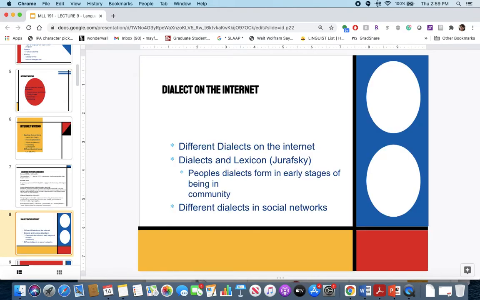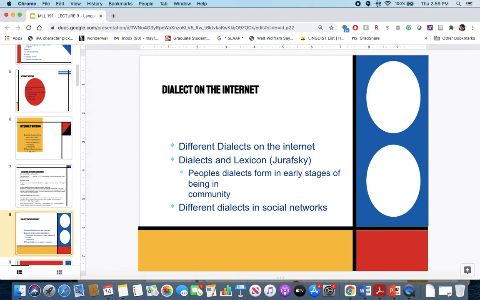So there's different dialects on the internet, and people's dialects form in their early stages of being in a community. You're not really sure exactly when you enter an internet community. Maybe you'll use a regular speech pattern, and then you'll start to pick up the kinds of usage styles within that community.